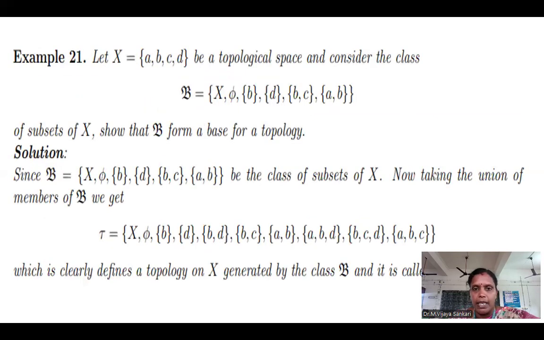This is an example for a basis. Let capital X be a topological space with four elements A, B, C, D, and consider the class script B. Script B is the collection of basis elements equal to the set of all X, empty, singleton set B, singleton set D, the set B, C, and the set A, B. The basis elements generate the topology.